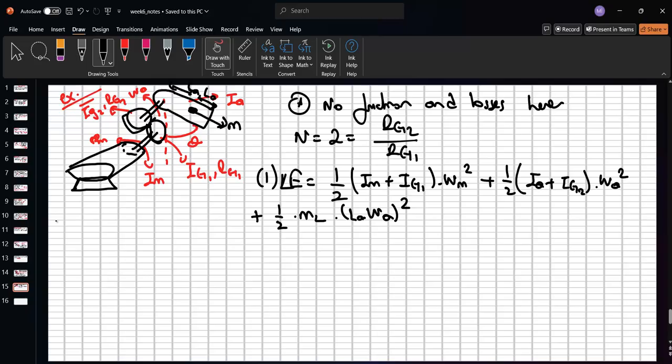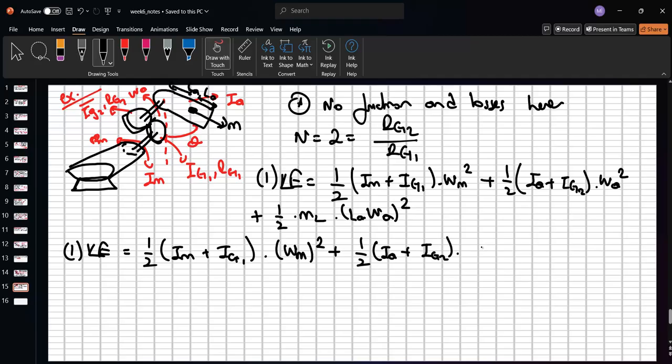So the total kinetic energy is equal to 1 divided by 2 times (Im plus Ig1) times Wm square, plus 1 divided by 2 times (Ia plus Ig2) times (Wm divided by n) square, plus 1 divided by 2 times ml, the robot arm, times L times Wm divided by n, square, right?